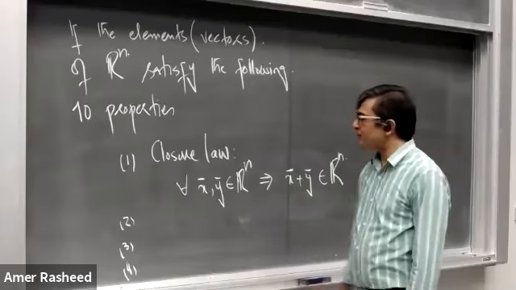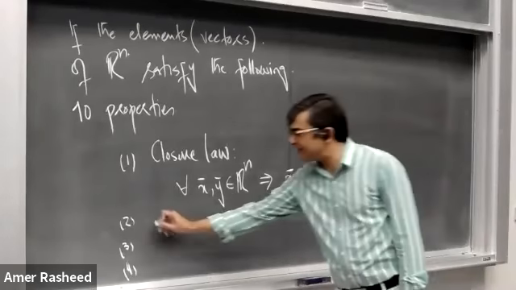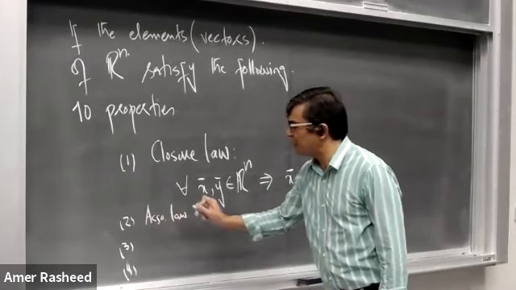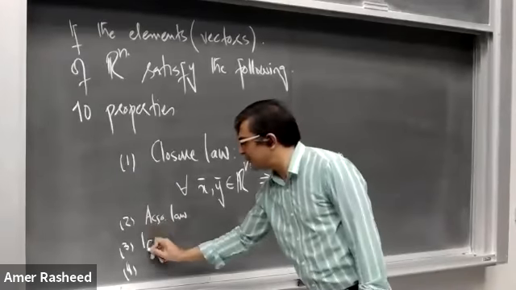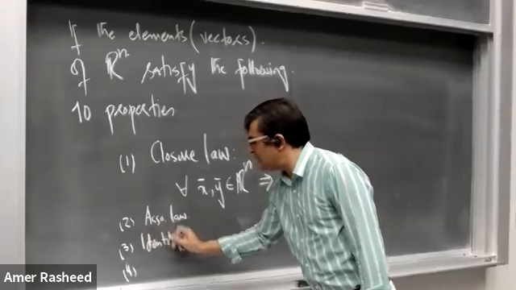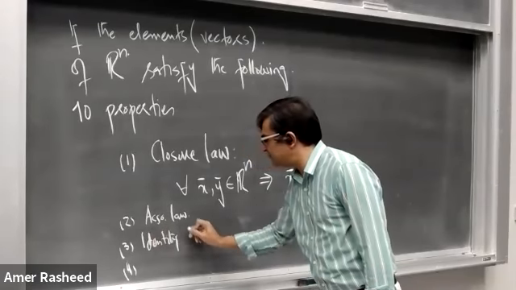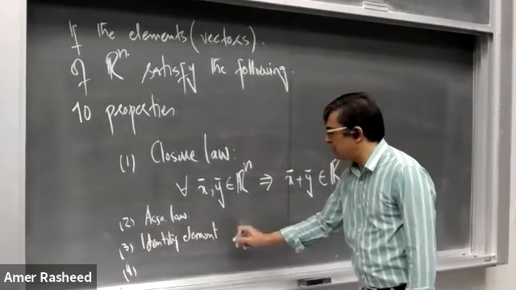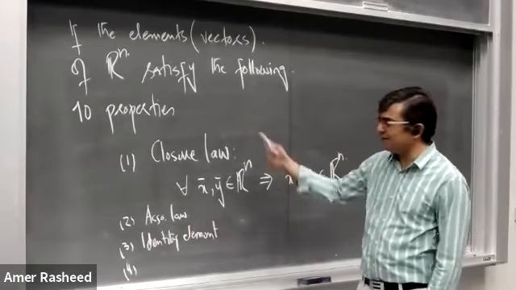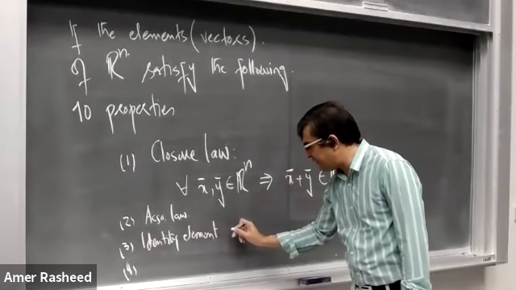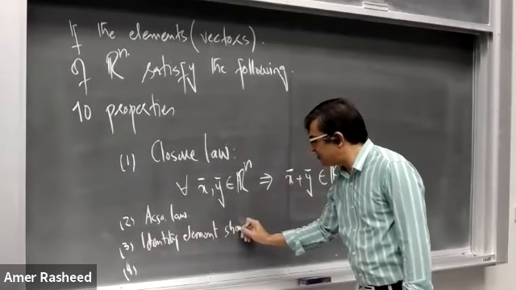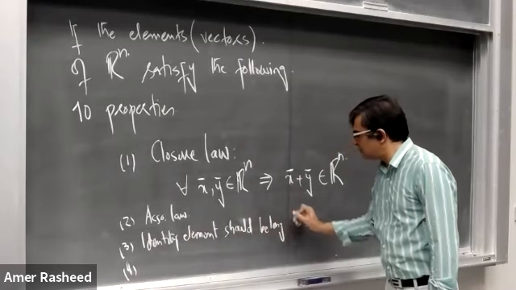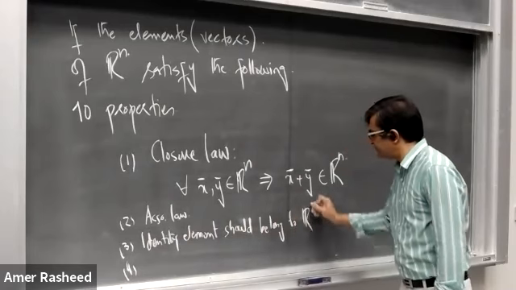Okay, the third property is that an identity element should exist, or the identity element should belong to that space Rn.